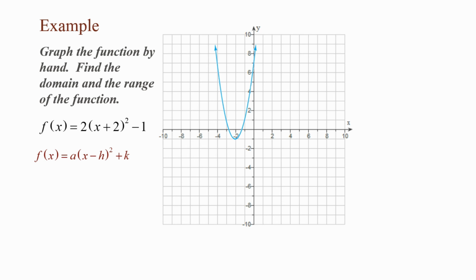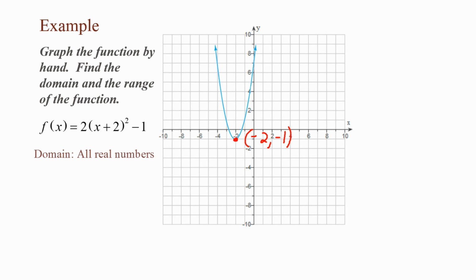Now we need to find the domain. Our vertex is -2, -1. There's not a value for x that I can't substitute into my f of x equation. So my domain is all real numbers.